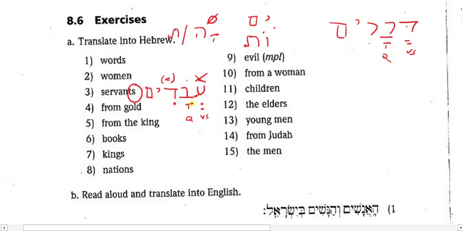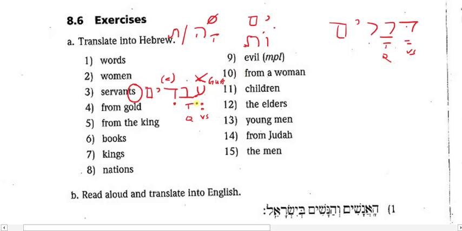Now, under normal circumstances, that would be perfectly fine. No more accent mark, but I've got one last problem here. Yes, I have a vocal shva under a guttural. Does ayin take vocal shvas? Cannot do that. So which kind of compound shva will I expect to find under an ayin?